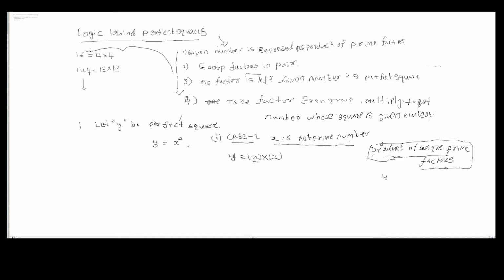Suppose 4 is there. 4 can be expressed as 2 into 2. Take any number other than prime, 81. We can express it as 3 into 3 into 3 into 3: 3 into 3 is 9, 9 into 3 is 27, 27 into 3 is 81.